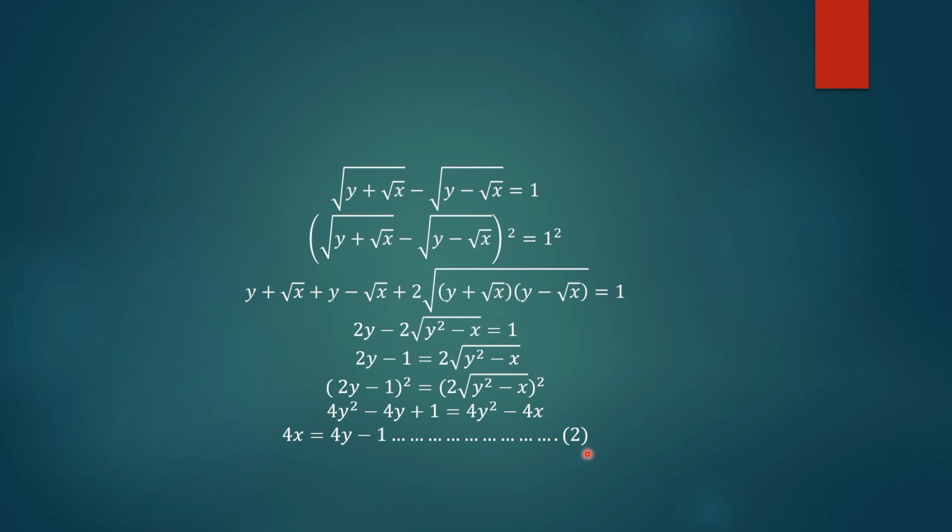So we realize that equation 1 has 4x as the subject, and equation 2 also has 4x as the subject, so we can equate the two. We end up having 4y minus 1 equals y plus 4, equating equation 1 and equation 2, since 4x equals 4x.